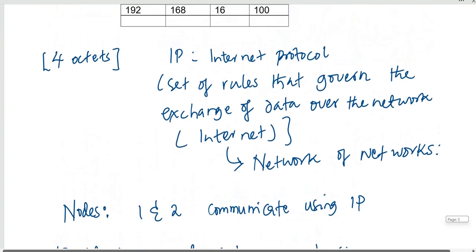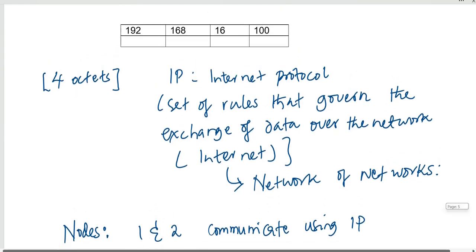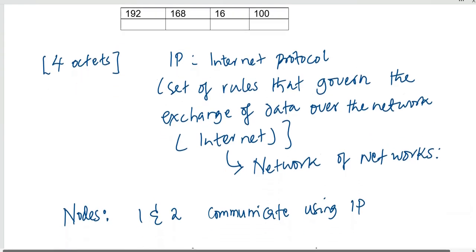And this is for devices, and your devices always communicate over the internet using this kind of unique address. I think there are also other addresses like the MAC address, which I have seen works within the local network, whereas the IP address works outside your local network.